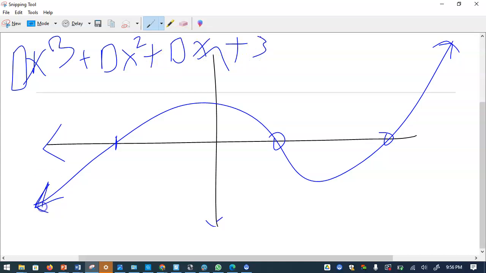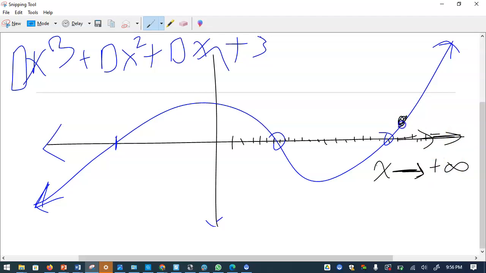What this basically means is, if you go 1, 2, 3, 4, 5, up to 100, 1000, 2000, 5000, as x becomes a very large positive number, almost like 1 million, 1 trillion, whatever, we call it infinity.